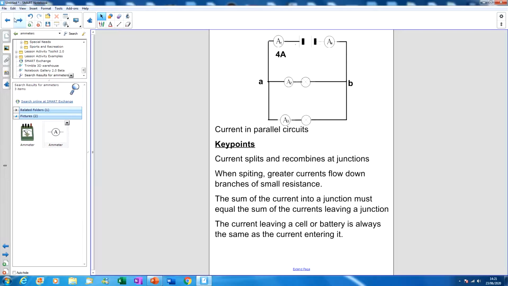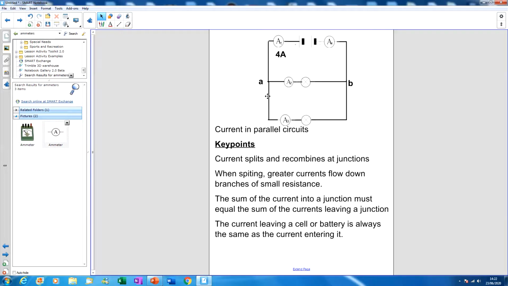So moving on to the last bit then. So current in parallel circuits. In this case, we've got 4 ammeters in our parallel circuit. And our coulombs come out of the positive terminal, and we've got 4 amps coming out on ammeter A1. So our 4 amps will continue around the circuit and get to junction A. And current can do 2 things at junctions.